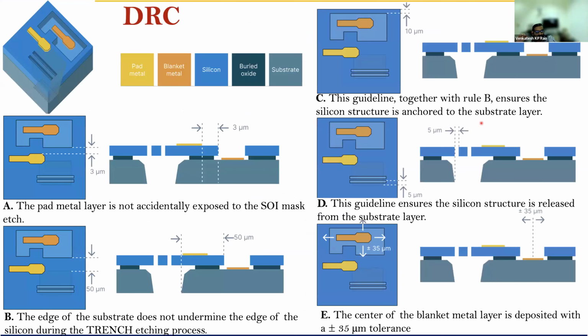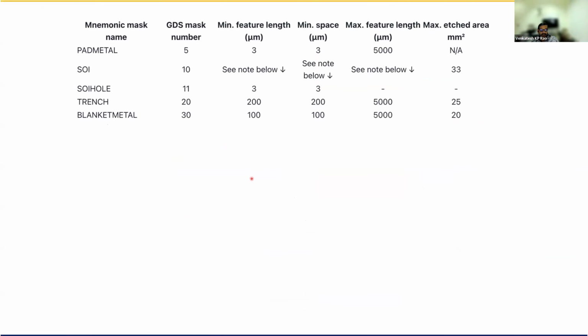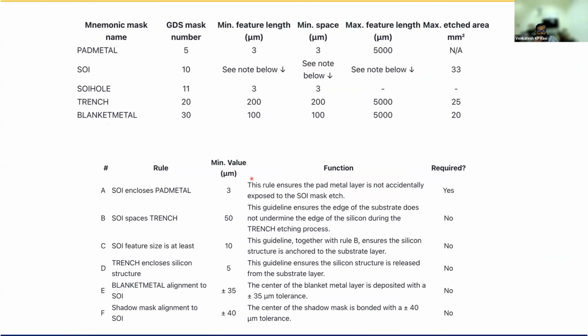That's what we told here for the 3 micrometers. This has to be maintained. This is a mandatory condition. Please don't forget this. Then the trench, it is not a mandatory condition, but it is recommended, right?